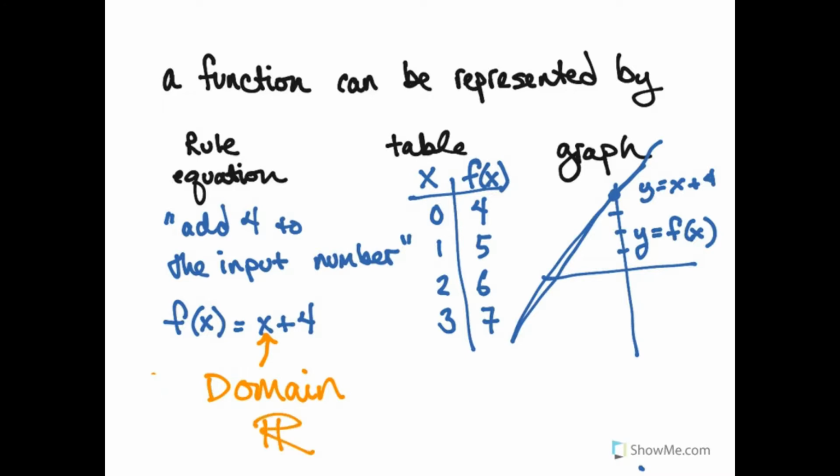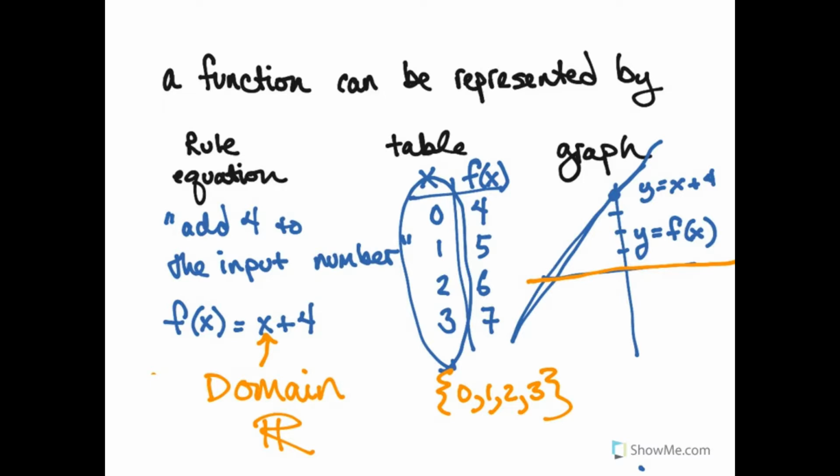In this instance of the table, we only have a few numbers, so the domain is just this set 0, 1, 2, 3. And for the graph, the domain is the x-axis. It's all the values of x that we can put into the equation to graph.